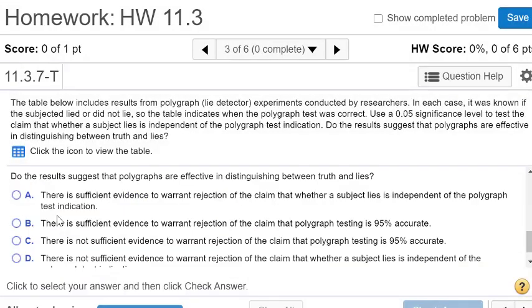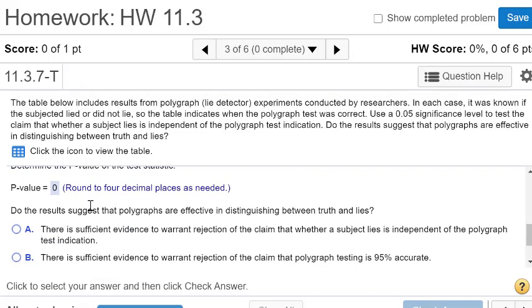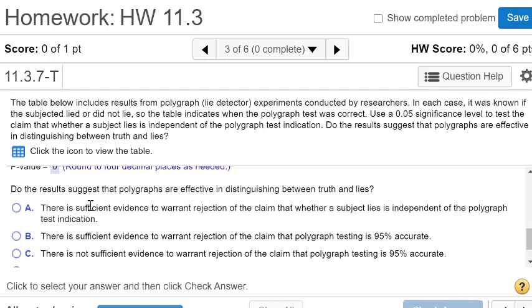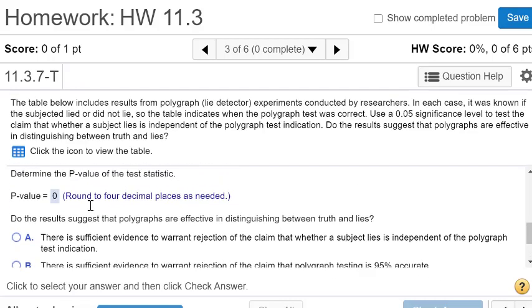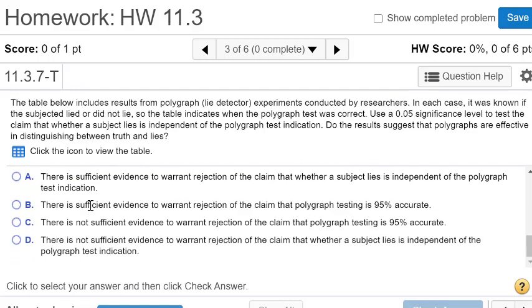Okay. So now that it's 0, we are going to reject the null hypothesis. It doesn't give us the option to reject the null hypothesis, but as we reject the null hypothesis, we're going to reject the claim that the row variable and the column variable are independent.